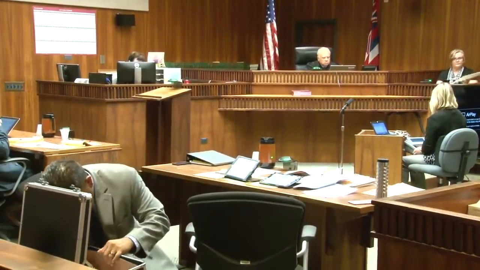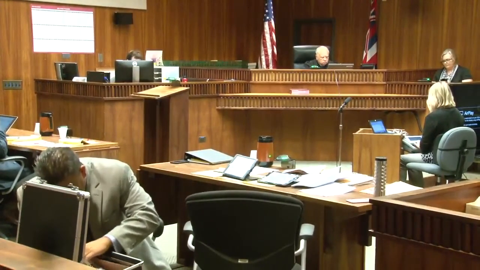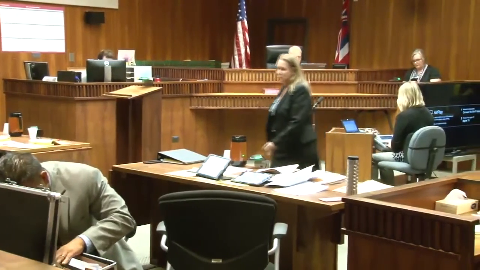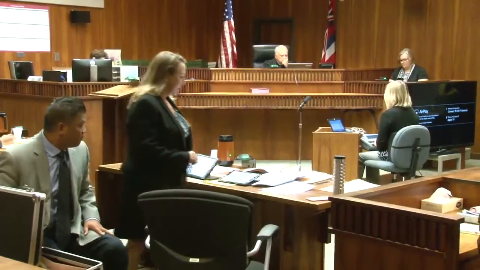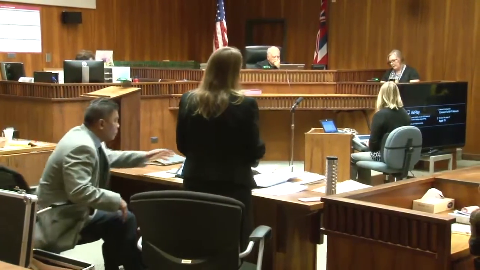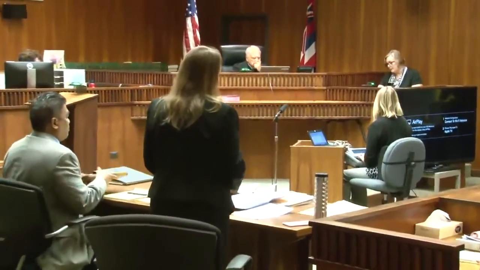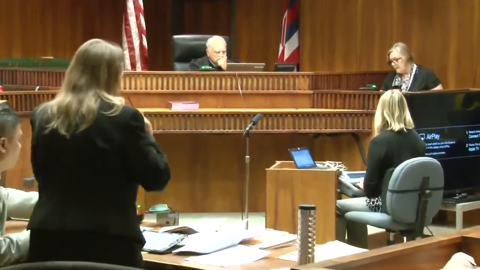I'm showing you State's 438 for identification. Do you recognize that? Yes, I do. And what is it? It is a report from our compliance center stating a tower location and the azimuth of that tower. All right, now, without talking about that specific information, that record that you have in front of you, how many pages is that?